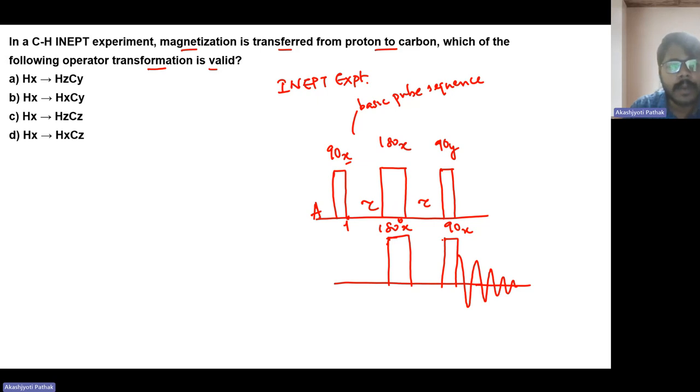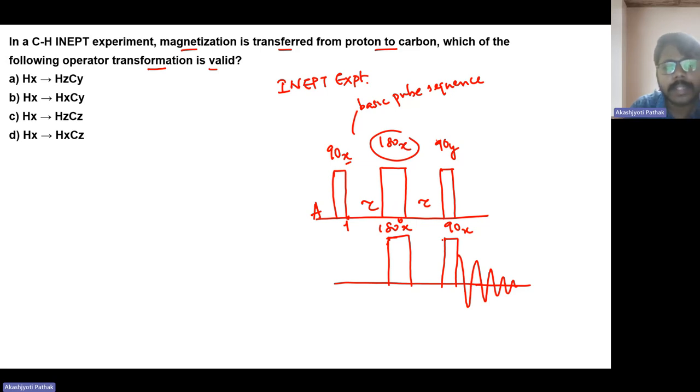During the next tau equal to 1 by 4J period, the two components dephase to the extent of a 90-degree phase difference. After that, I will apply this 180-degree x pulse on the A transition, and that will rotate the two transitions in opposite quadrants, because 180-degree x causes inversion of the nuclear magnetic spins that were there at the point of application of the 180-degree pulse.